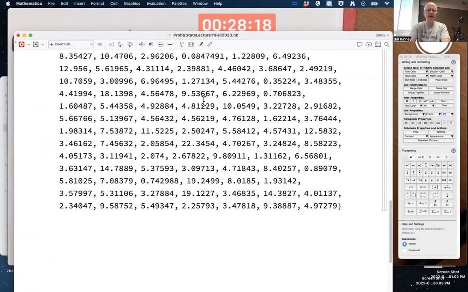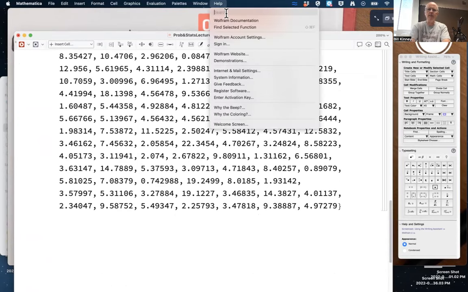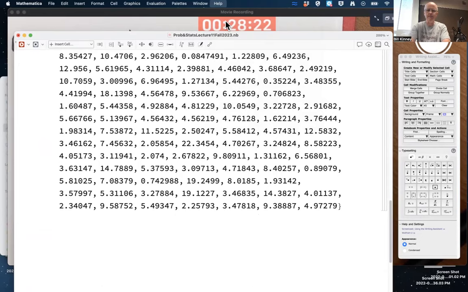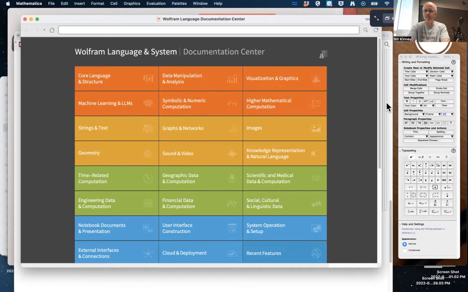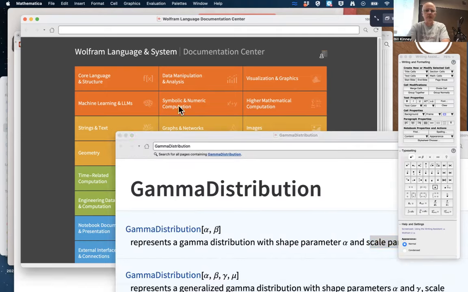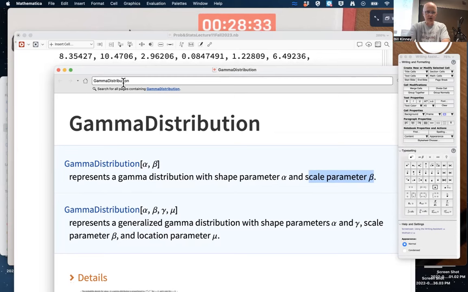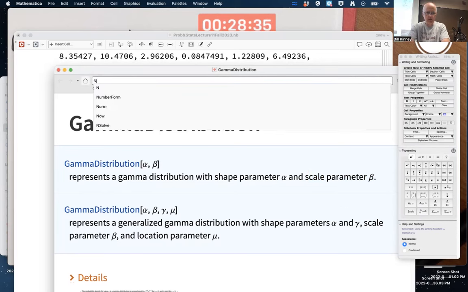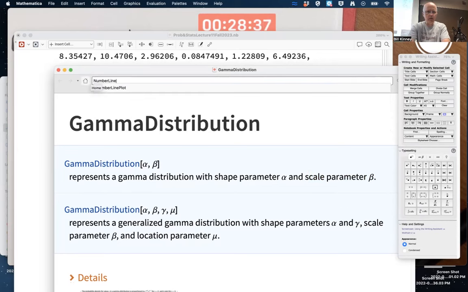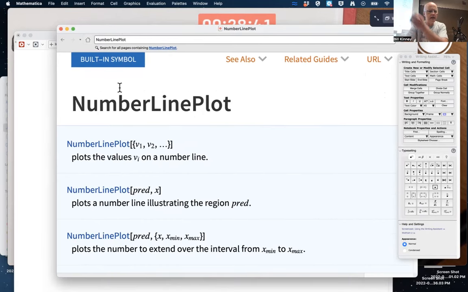You can use something called NumberLinePlot, I believe. Let me just look up NumberLinePlot. Actually, I'll do it in this one since it's zoomed in here. NumberLinePlot, I believe, is what we want. One thing we could try using. What is the syntax for NumberLinePlot?